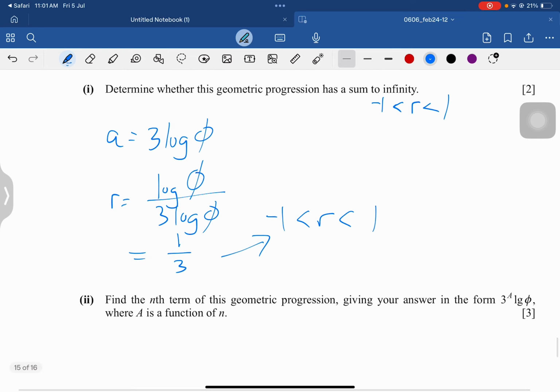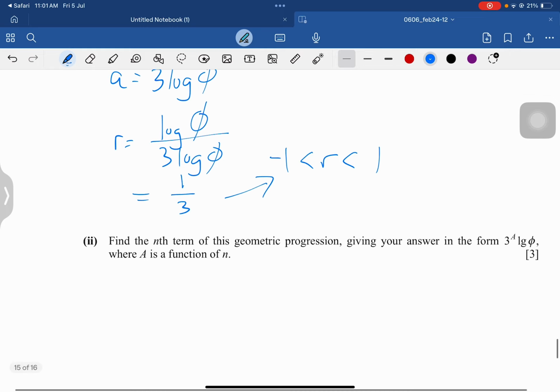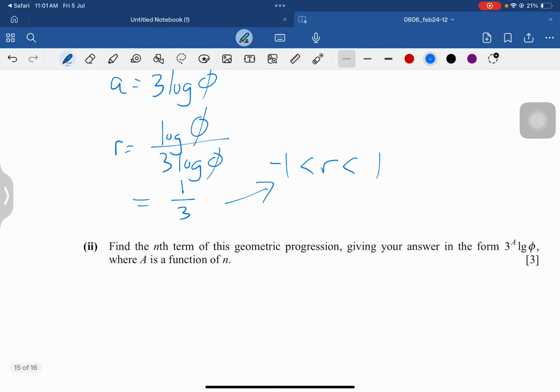Find n terms. Okay. The n term, Tn, equals A R to the n minus 1. 3 log this, your R is 1 over 3 to the power of n minus 1.